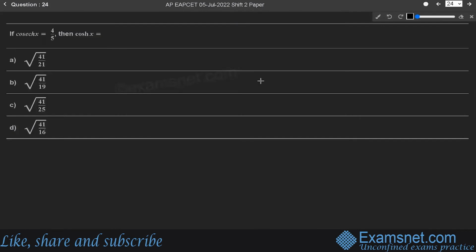Next question is, if cosech x is equal to 4 by 5, then cosh x is equal to.